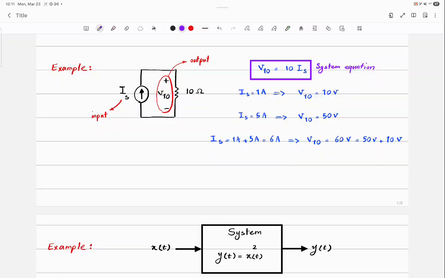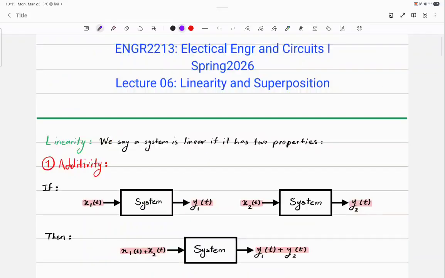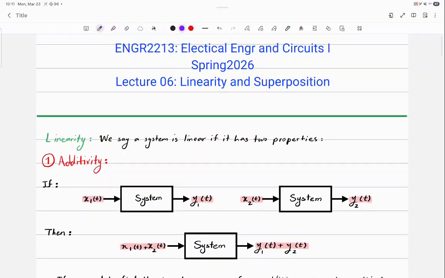Can I use the other way of calculating the output for 6 amps? Can I just add 10 and 50? Or no? Always? When can I do that? When the system is additive. Otherwise, you can't. You're not allowed to do this.